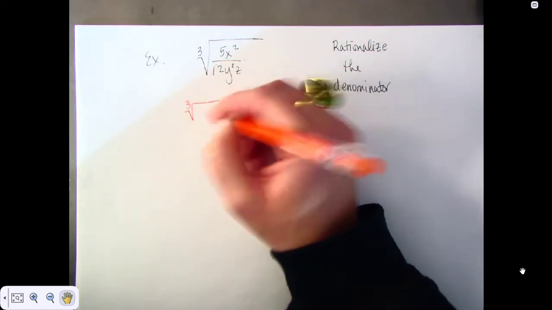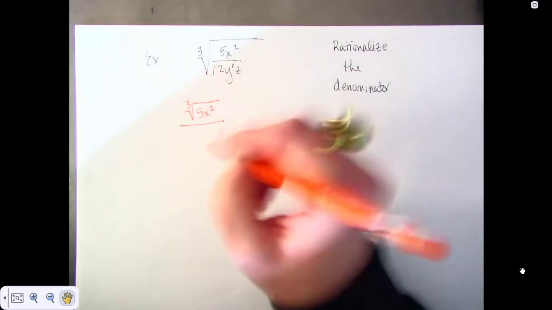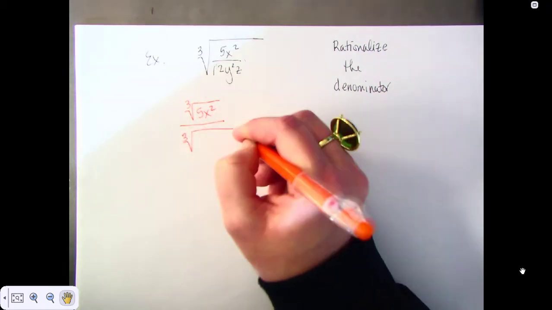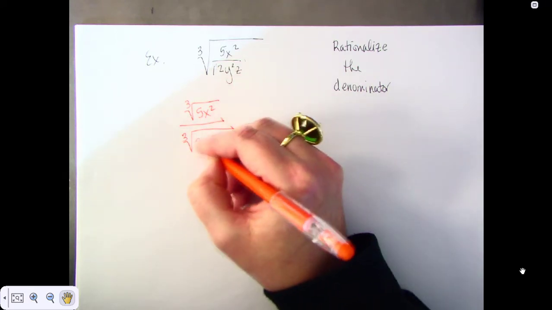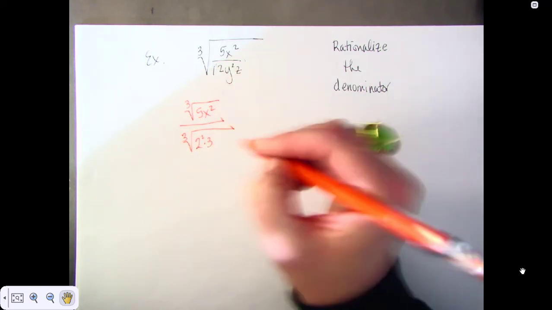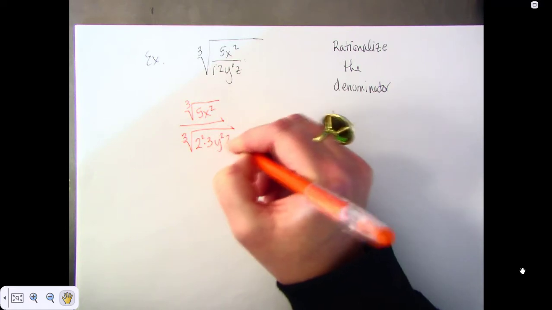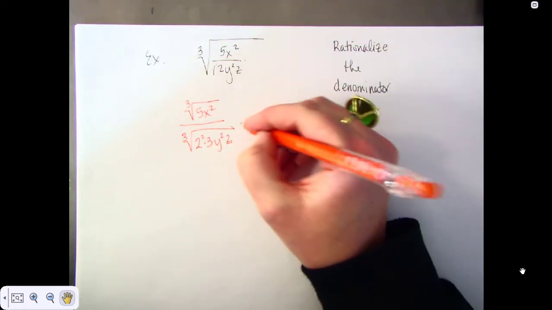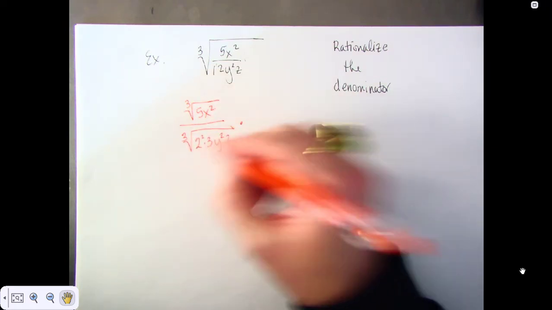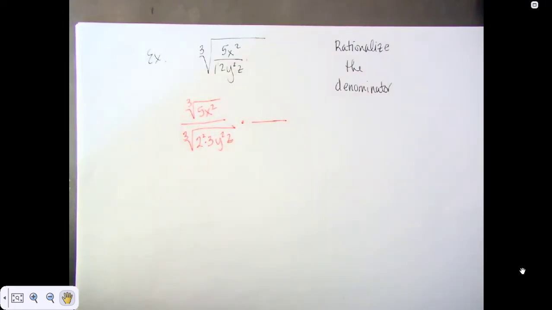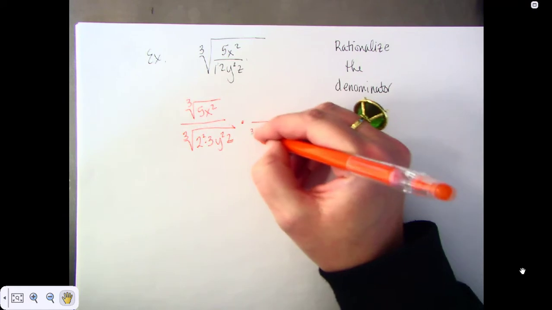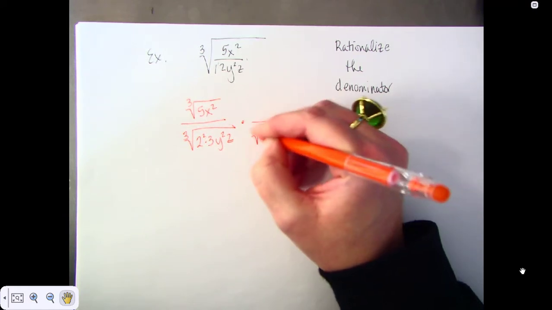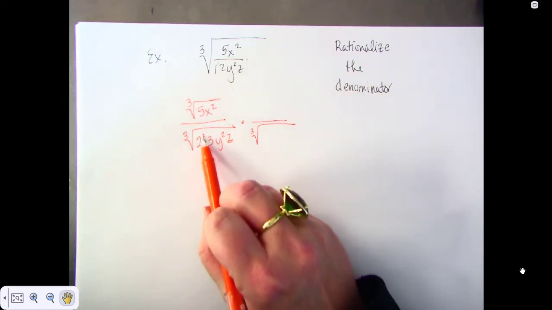So I'm going to separate it, top and bottom. But instead of writing it as 12, I'm going to write it as its prime factors. So that would be 2 squared times 3, y squared z. Now, I'm still trying to get this radical to go away, so I need to multiply by whatever it takes to make that radical go away, knowing that I'm trying to get exponents to be 3.